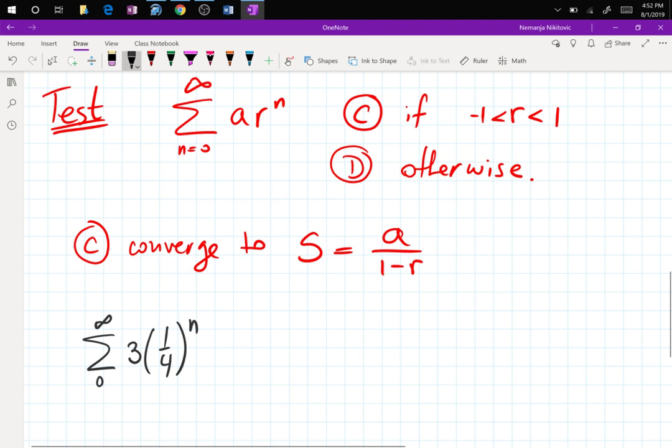Converge. That's it. It literally takes 1 second. You look at the problem and you say r is 1/4. That's between -1 and 1. So it converges. And you're done. That's it. No calculating. No integration, no derivatives, nothing.